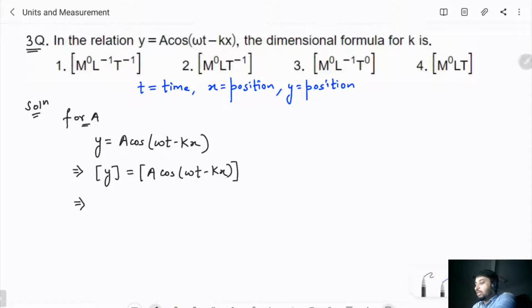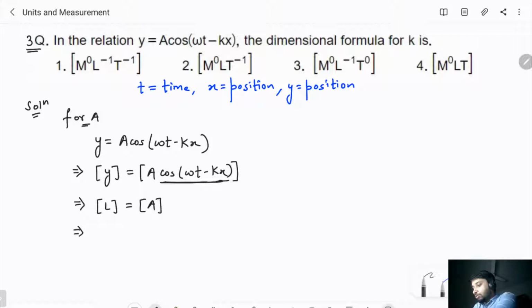So same way here, omega t minus kx is representing some angle, and cos of that will be dimensionless, and y is position, so the dimension will be same as that of length, and that will be equal to the dimension of a.